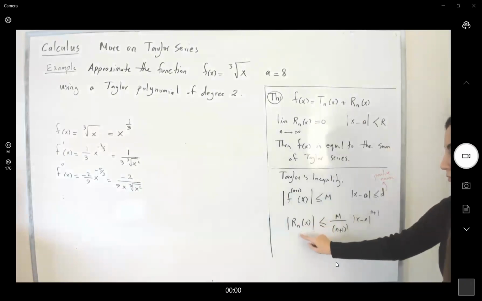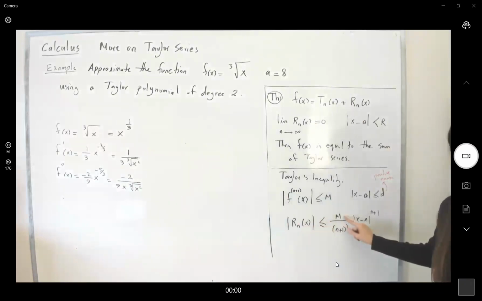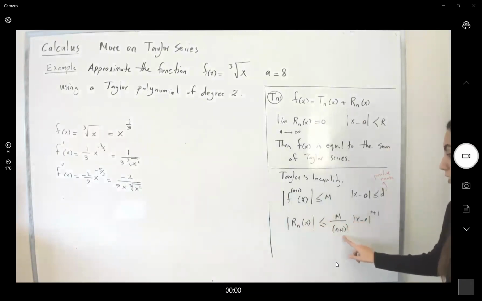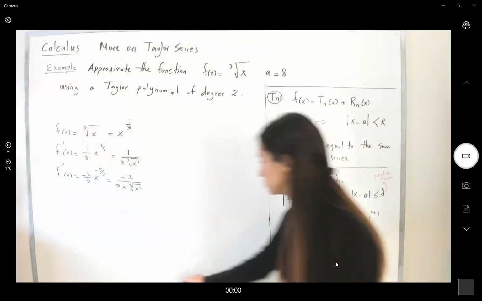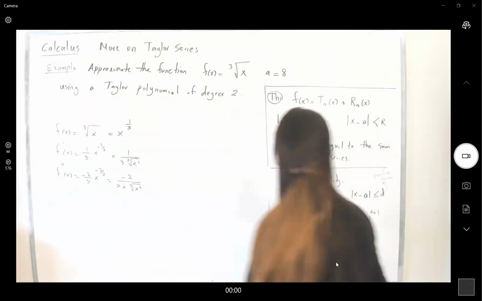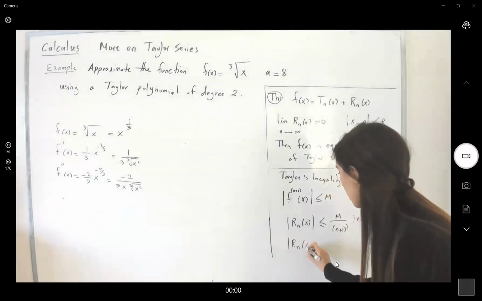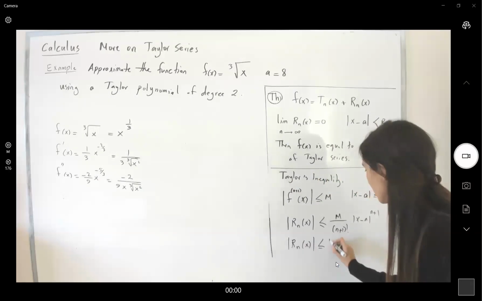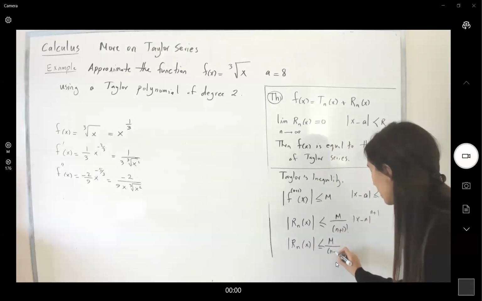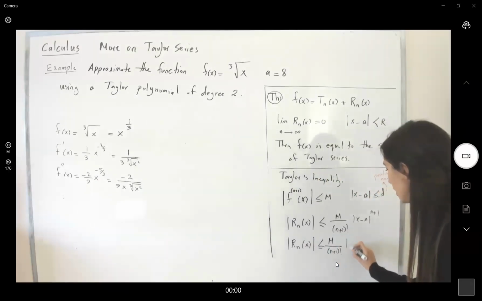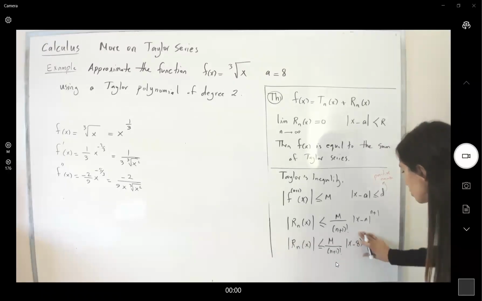It means that we can bound the remainder by M, that boundary, divided by (n+1) factorial times |x - a|^(n+1). So R_n(x) is bounded by M divided by (n+1) factorial times |x - a|^(n+1).